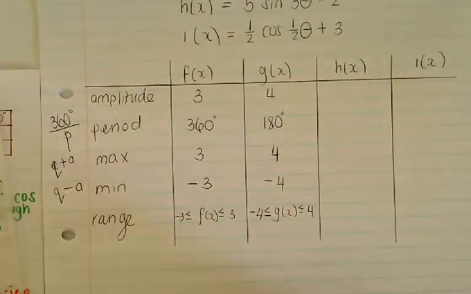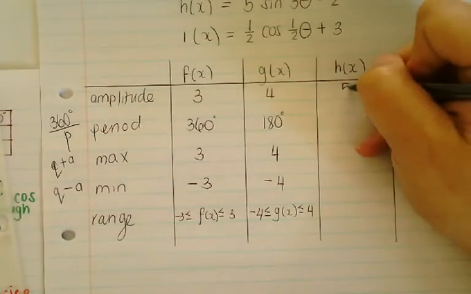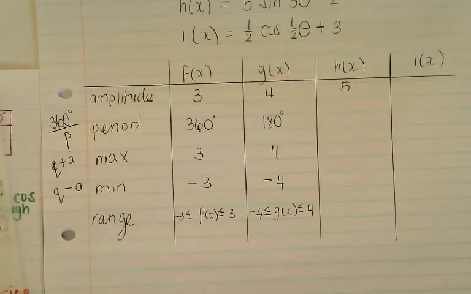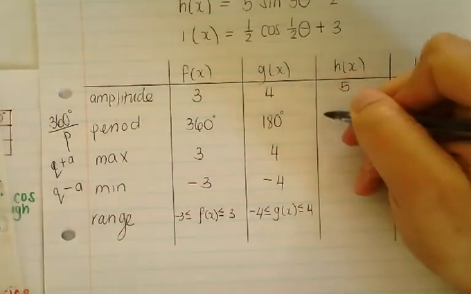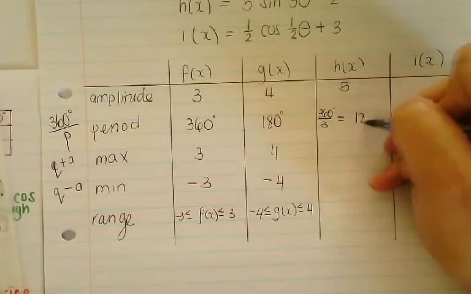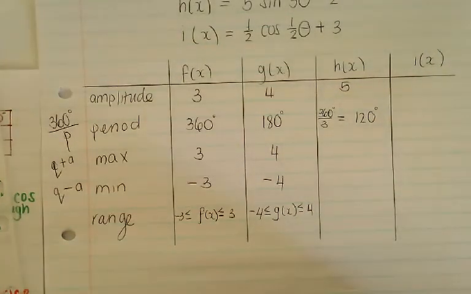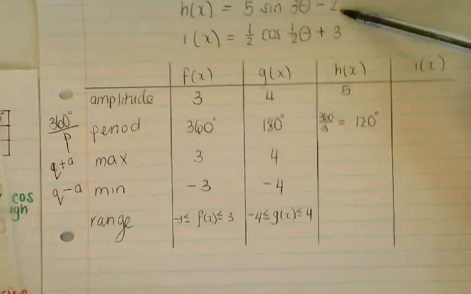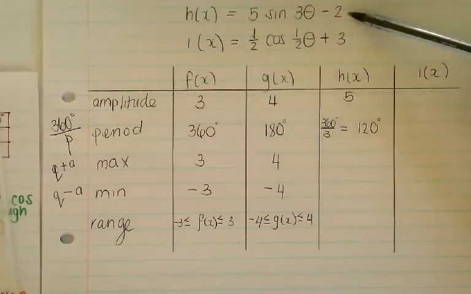Let's look at h of x. What is my amplitude? 5. How is my period influenced? We're dividing by 3. My new period becomes 120. So my new period is 120 degrees. My maximum is q plus a. What is my q value here? -2.